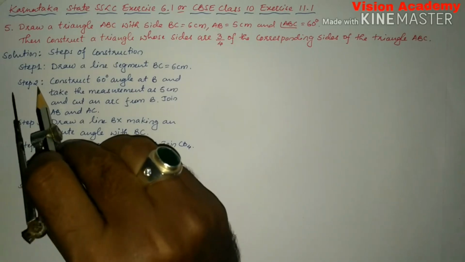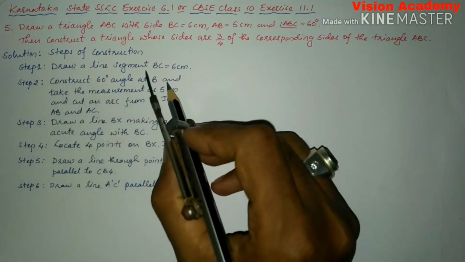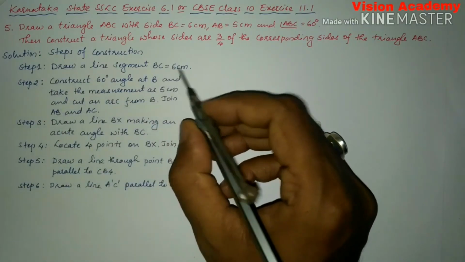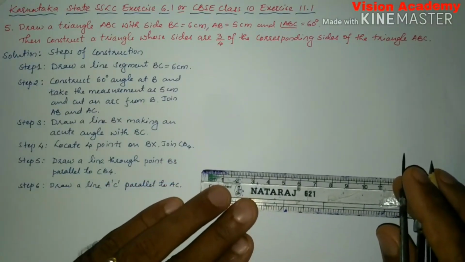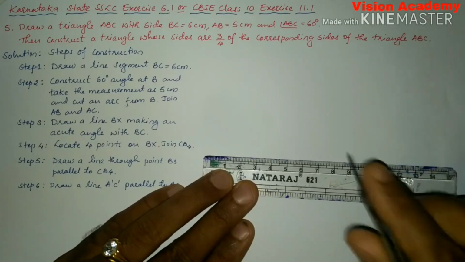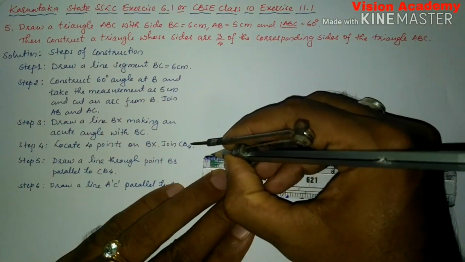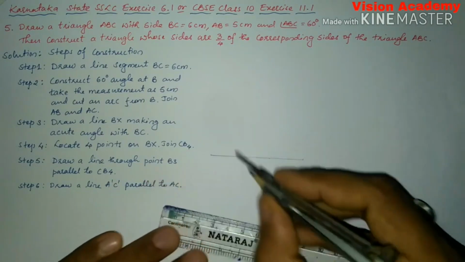Let us study the step 1, that is draw a line segment BC is equal to 6 cm. So now let us draw a line BC whose length is 6 cm.